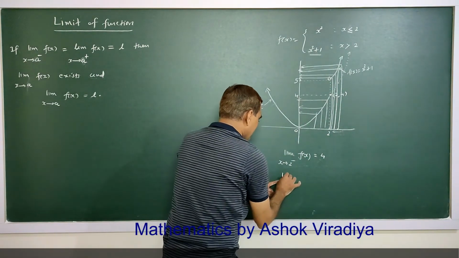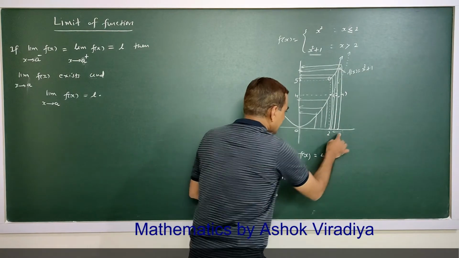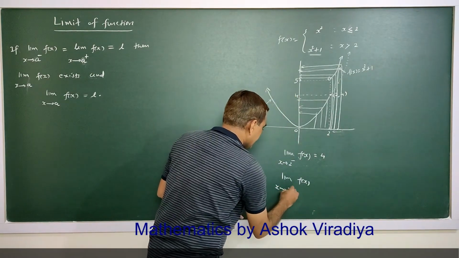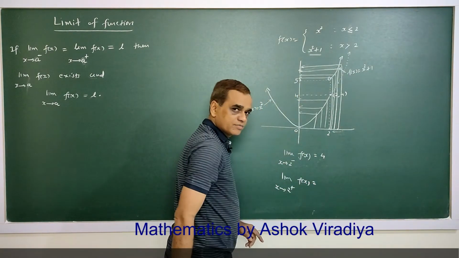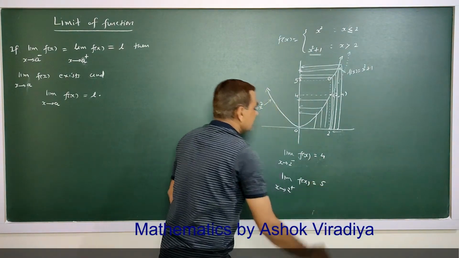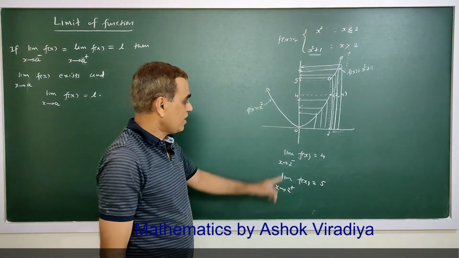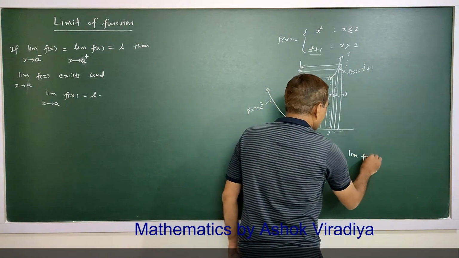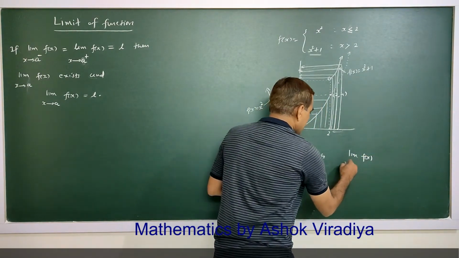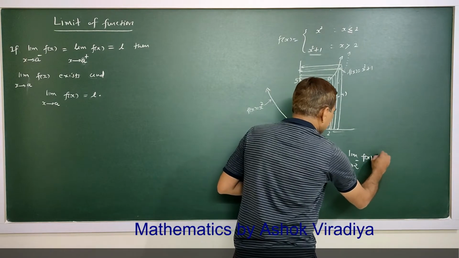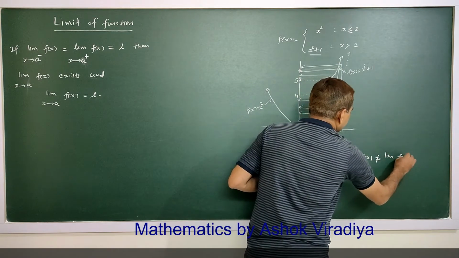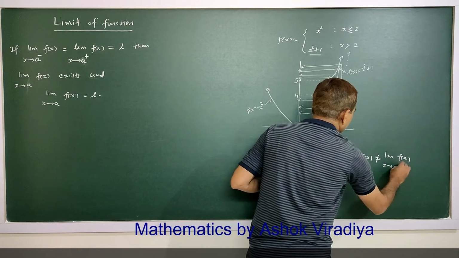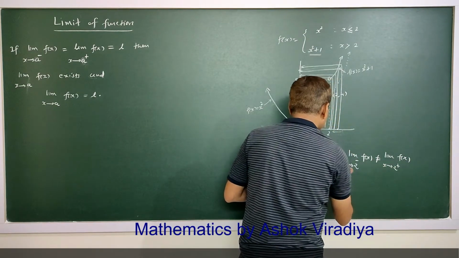So the limit of f(x) when x tends to 2 from the right side is 5. So the left hand limit is not equal to the right hand limit. The limit of f(x) as x tends to 2 from the left is not equal to the limit of f(x) as x tends to 2 from the right side.